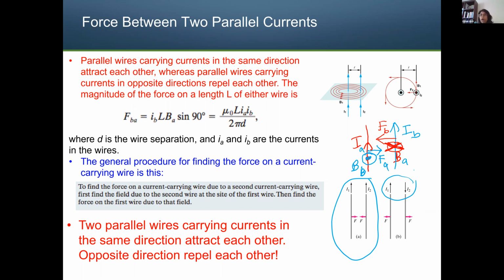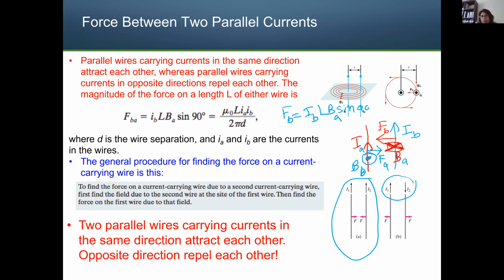So now, how do we calculate this force? We definitely know how to calculate it, because FB that I labeled in here is calculated by using the current of that wire, IB, and the length of the wire, I'm going to take the length L, and then the magnetic field on that wire due to the other one, that will be B sub A. And the angle between these two, sine of 90, is 1.